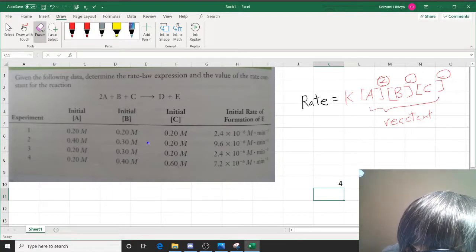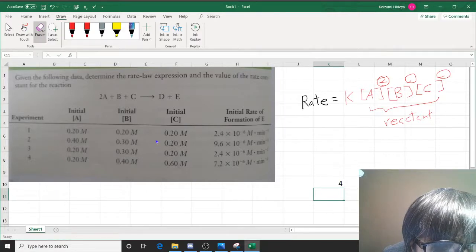Looks like here it's the same for each of these.